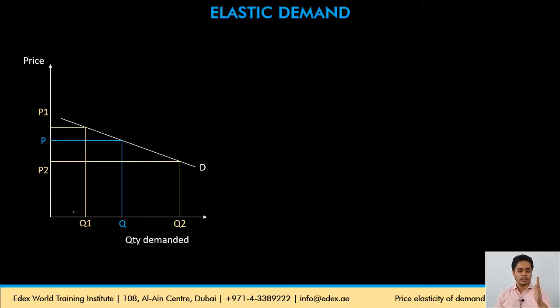Original price P, original quantity Q. The price increased by a certain percentage from P to P1. See the change in quantity. It is a lot when compared to the change in price. Same way, price fell from P to P2. It is expected as per the law of demand that quantity would increase. But see the change in quantity. Compared to the price, the change in quantity is a lot.